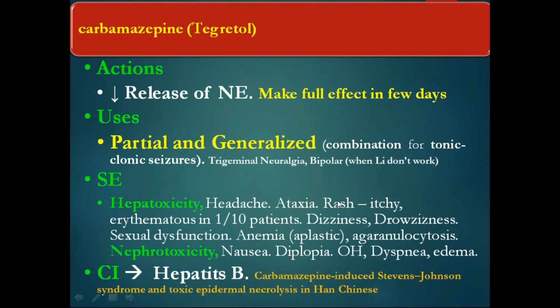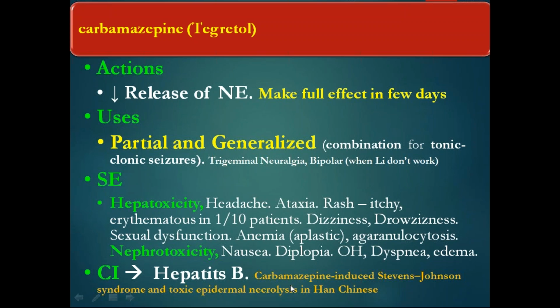All right, so we have the list of medication. We have carbamazepine. That is going to take effect in a few days. No, it's not immediate. They can produce nephrotoxicity. Carbamazepine is one of the medications for seizures, right? And it is going to produce problems. Contraindication, hepatitis. So if the patient is having problems with the liver, it is contraindicated.